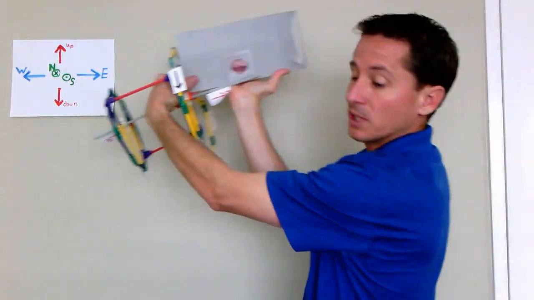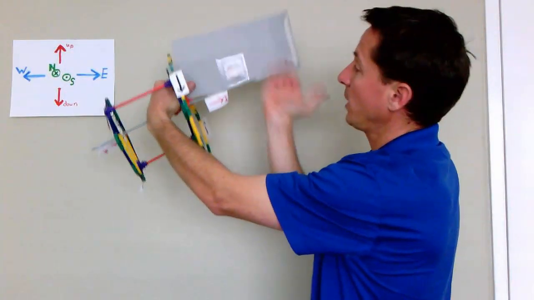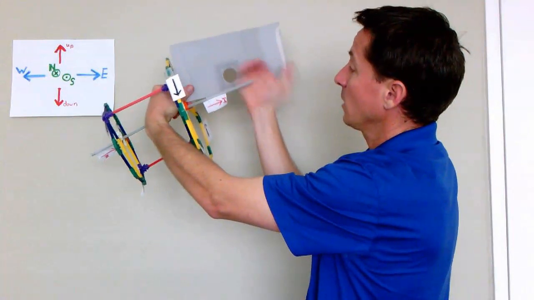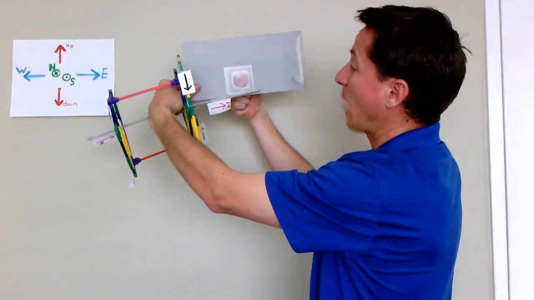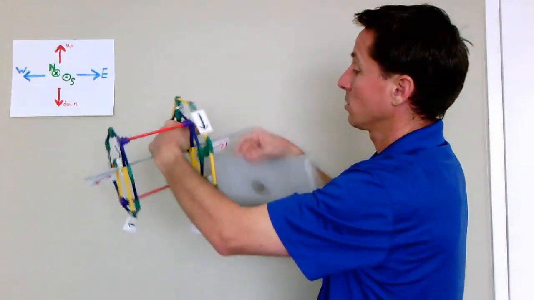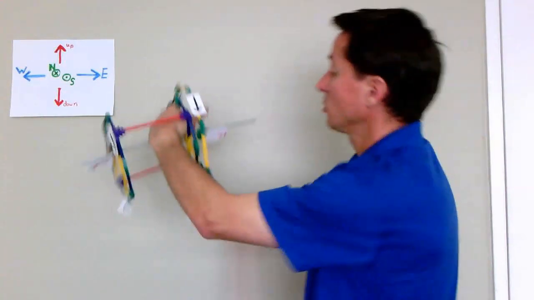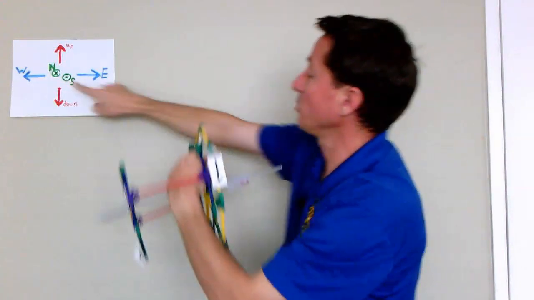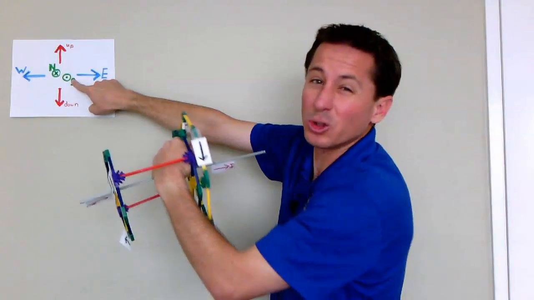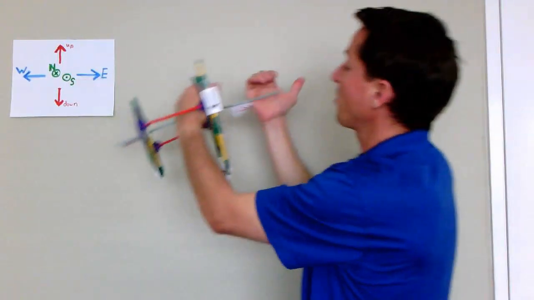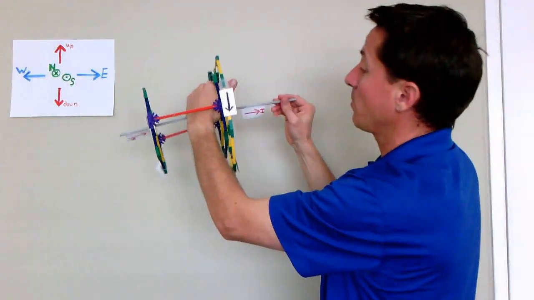You can hopefully see my fingers are trying to poke through the page like this. Okay, so magnetic field lines are coming out of the page there, so this way. So that would actually be south. I don't really care so much usually unless somebody's going to ask about that, but the magnetic field lines are coming out of the page.